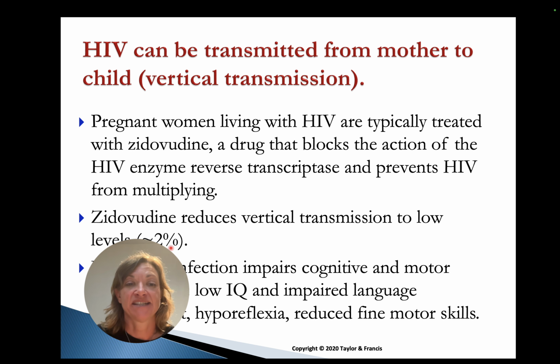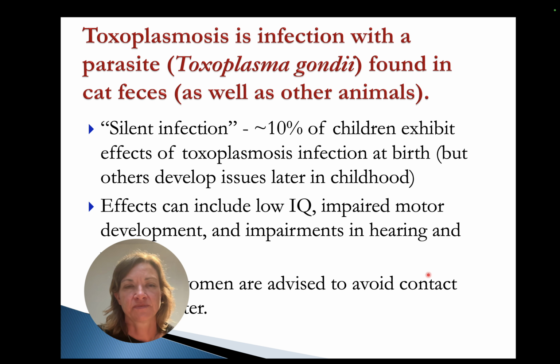Now, if that doesn't happen, early HIV infection in young children impairs cognitive and motor development. So common outcomes are low IQ, impairments in language development, as well as motor effects like hyporeflexia, low reflexes, and reduced fine motor skills. And these can persist beyond early childhood.